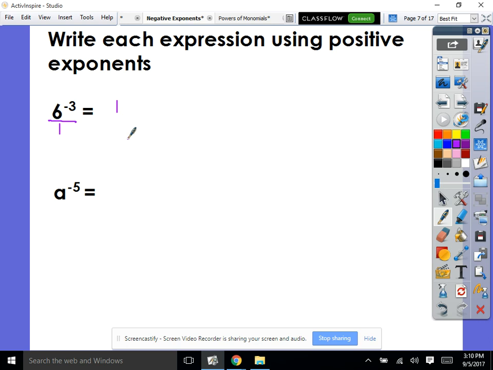The 1 goes on top, the 6 goes on the bottom, and just the act of flipping gets rid of that negative sign. So 6 to the negative 3rd power is the same as 1 over 6 to the 3rd power. A to the negative 5th, once again, put it over 1, then we can flip it. 1 goes on top. A to the 5th power is your denominator.